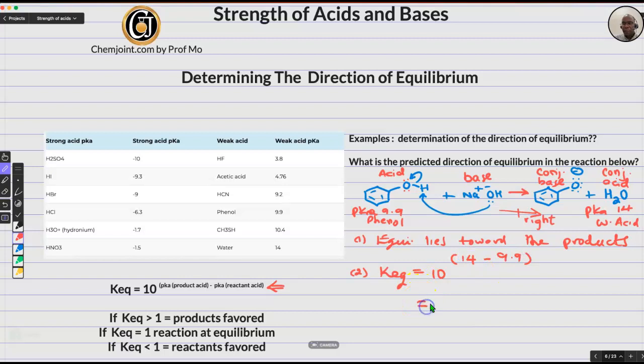If you do the calculations, you'll find that the Keq value of this reaction is 12,589.25. That is way greater than 1, proving method 1, that the equilibrium will lie to the right. Products favored.